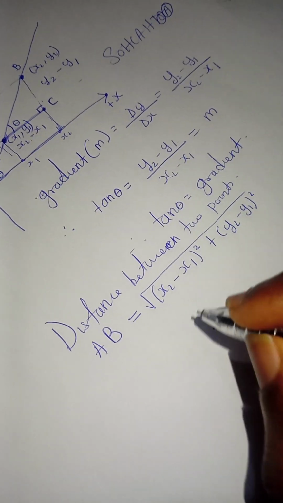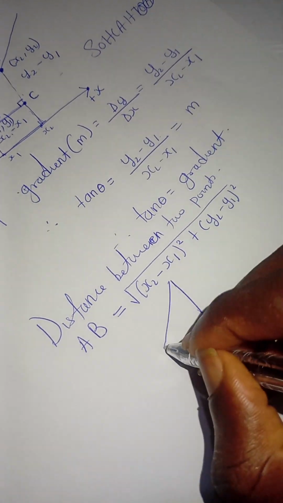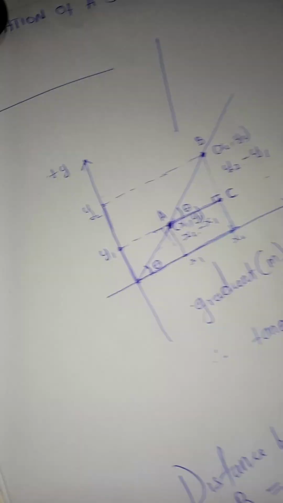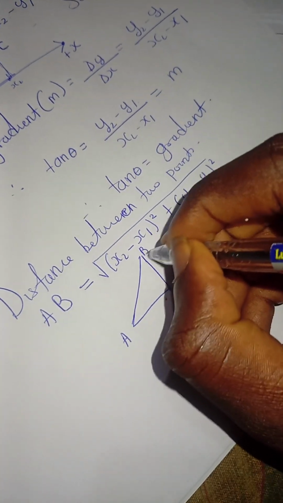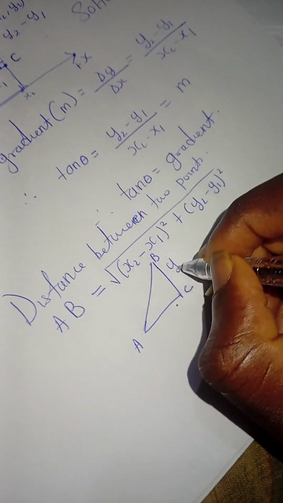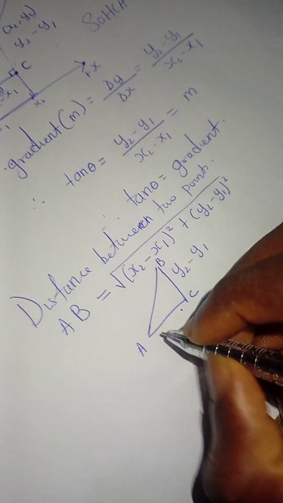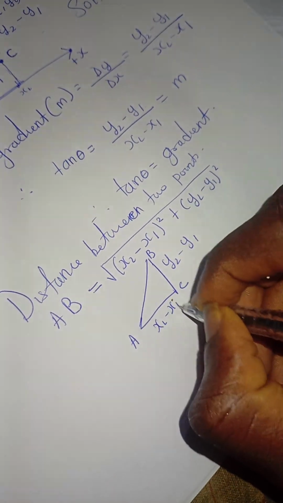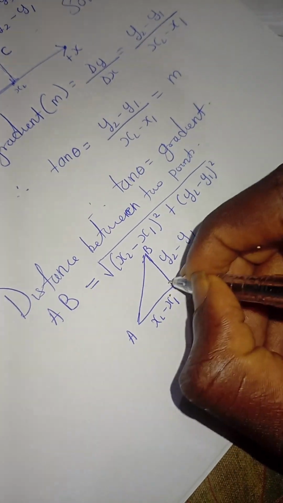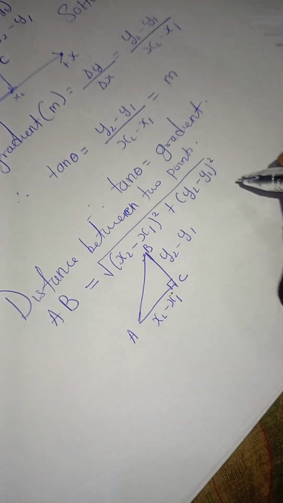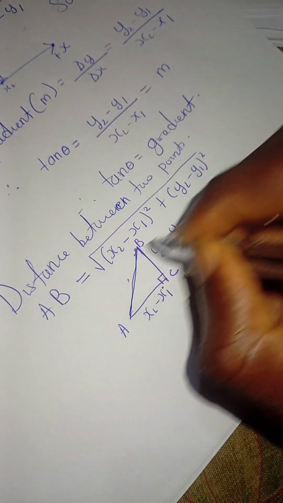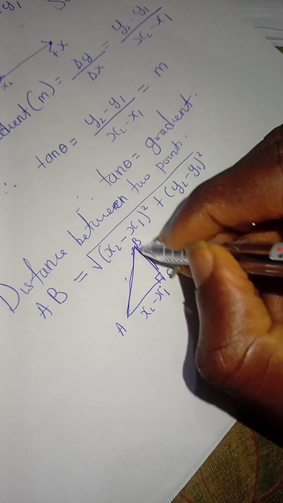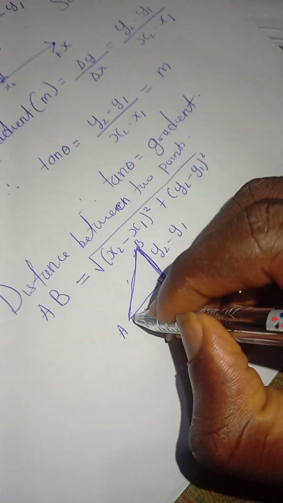Let me just explain further for you. I'm going to draw a triangle over here, extracting it from this diagram. This is my A, this is my B and this is my C. There is y2 minus y1, there is x2 minus x1, and this is 90 degrees. You know from secondary school that the hypotenuse square is equal to the opposite side square plus the adjacent side square.